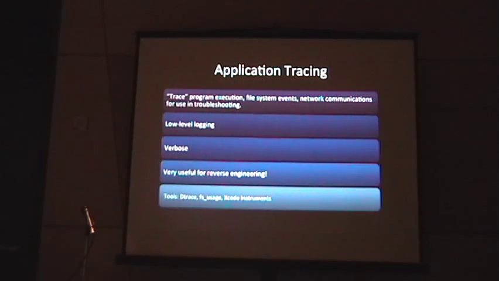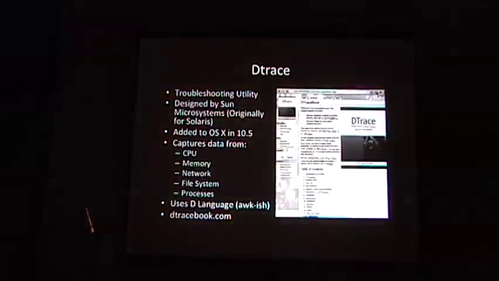I'll try to simplify a lot of it for you. Usually meant for debugging and programming folks, but it's super useful for reverse engineering as well. A couple of the software things that use it: definitely DTrace, fs_usage, which is a default native program, and the Xcode Instruments application.